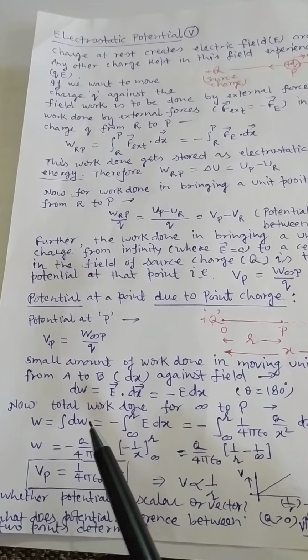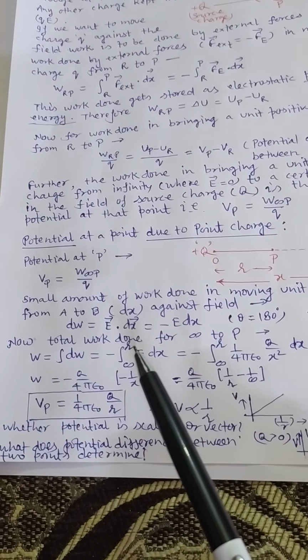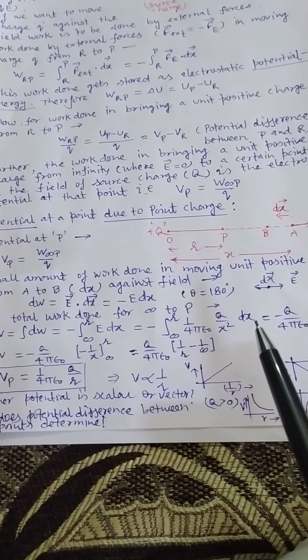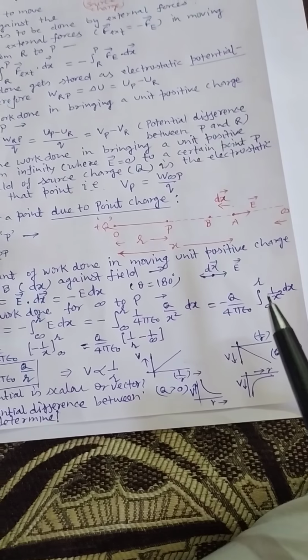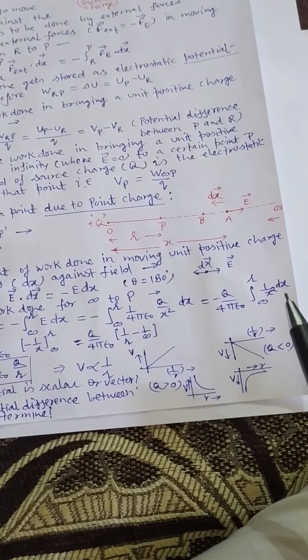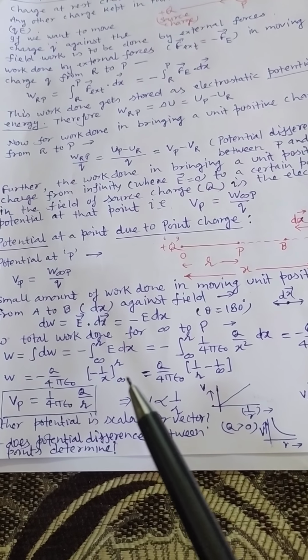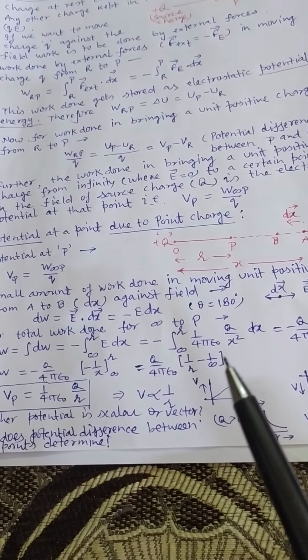Integrating from infinity to point P, that is small r, putting the value of E and integrating 1 upon x square dx, we will have minus 1 upon x. Apply the limits, upper limit minus lower limit.